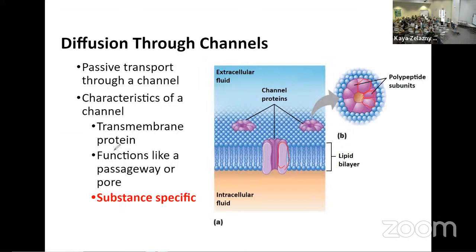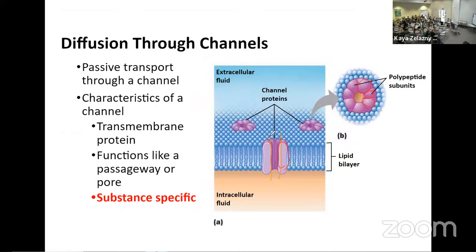In the case of a channel, they've got a passageway through them. Okay. So here we've got like a hallway or a doorway going through the membrane. In the case of a channel, it's going to be substance specific. So it's only going to let certain or specific molecules or ions through. But when it's open, we don't have to wait for this kind of conformational change, right?